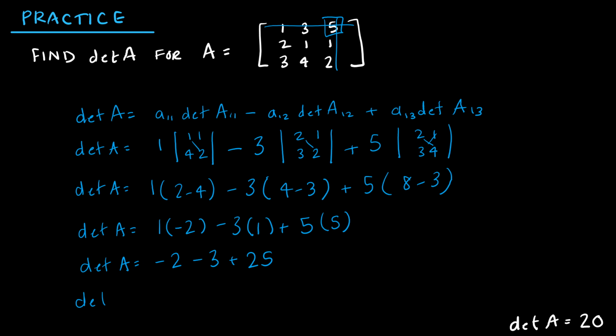So my determinant of A is 20. Hopefully you did that just fine. Stay tuned. In our next video, we are going to go through what's called cofactor expansion.